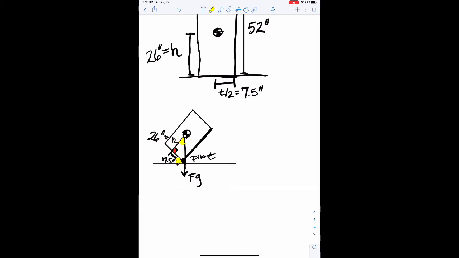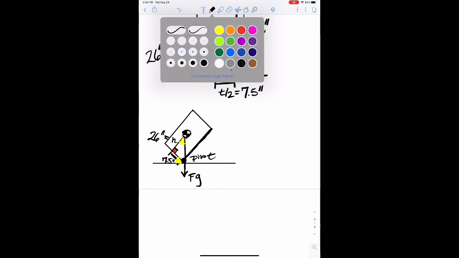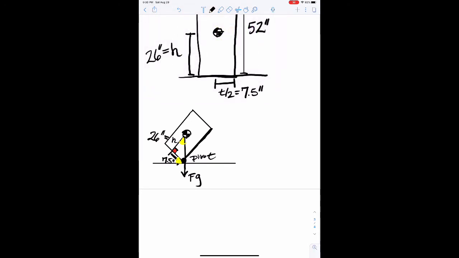So anyways, that's theta critical. I can go ahead and label that. So those two angles are the same.